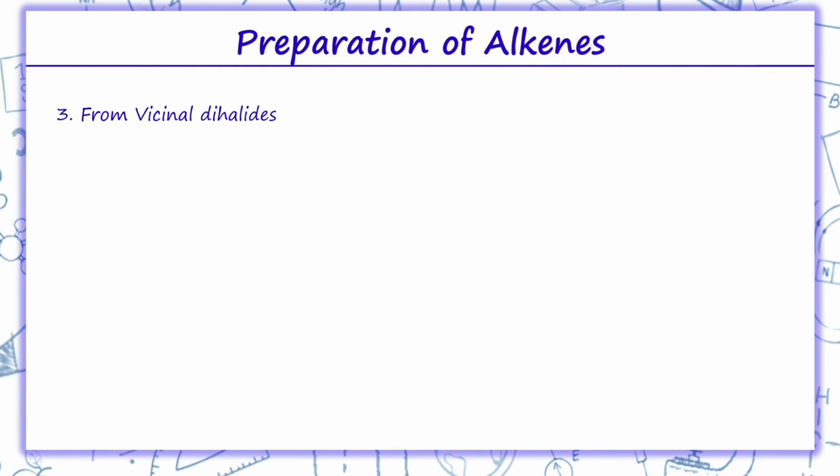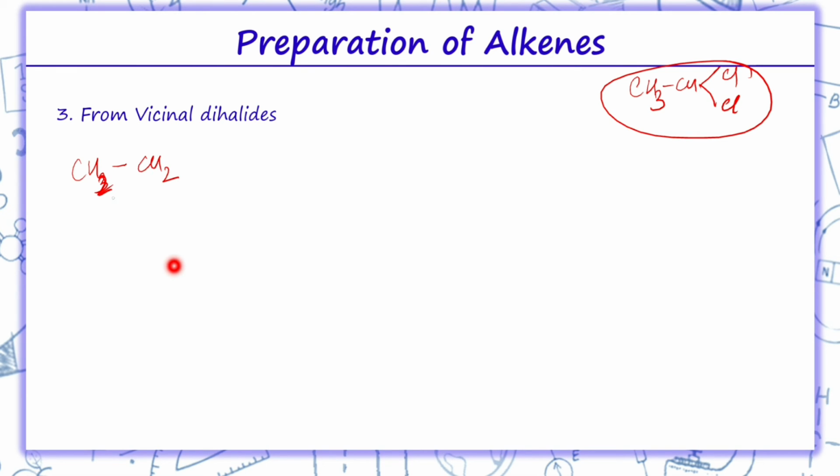Coming on to the preparation of alkenes from vicinal dihalides. There are two types of dihalides: gem dihalide and vicinal dihalide. When two chlorine atoms are attached to the same carbon, like CH3CHCl2, we call it a gem dihalide, and when two halogens are attached to two different carbon atoms, it is known as a vicinal dihalide. With vicinal dihalides, this reaction is done with zinc.